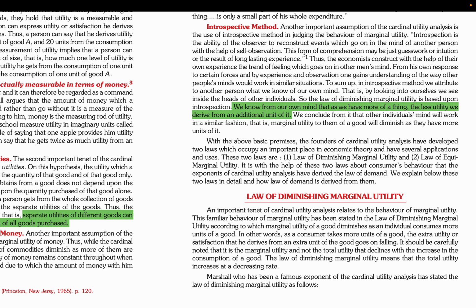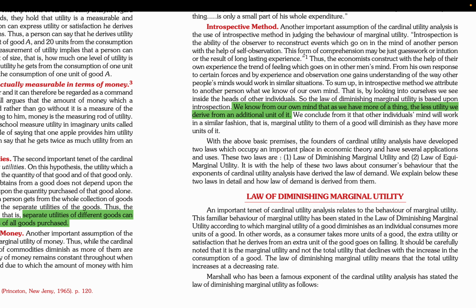These 2 laws are law of diminishing marginal utility, law of equi-marginal utility. It is with the help of these 2 laws about consumers' behavior that the exponents of Cardinal Utility Analysis have derived the law of demand. We explain below these 2 laws in detail and how law of demand is derived from them.